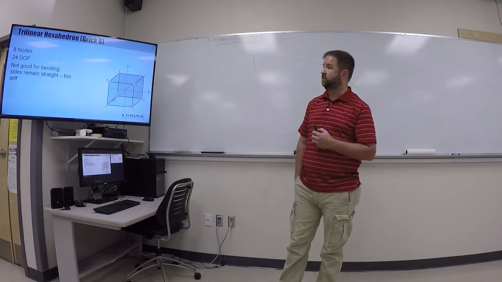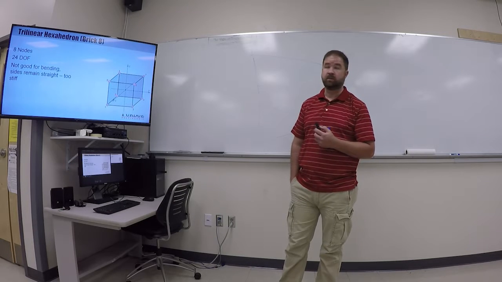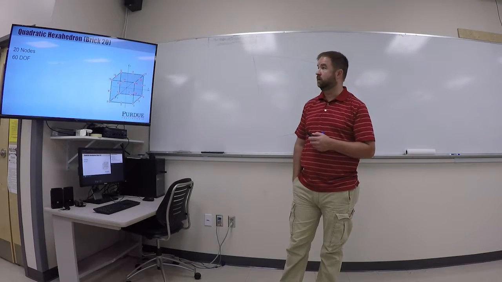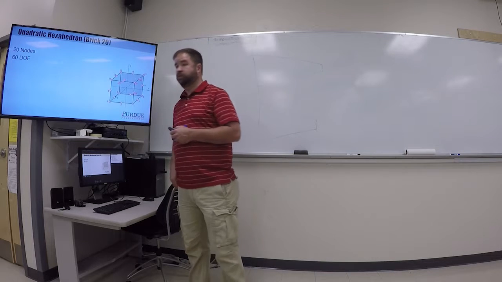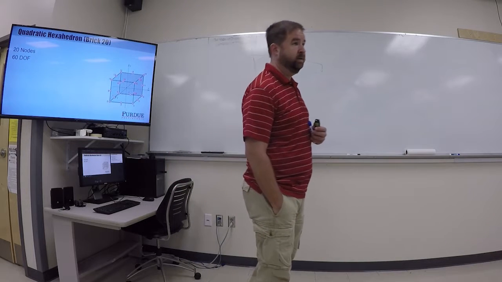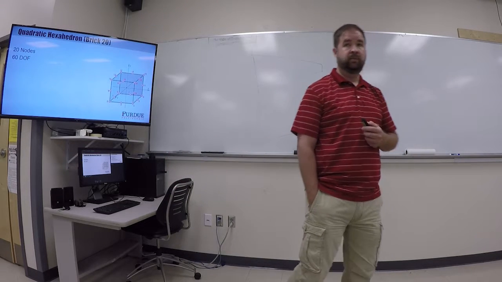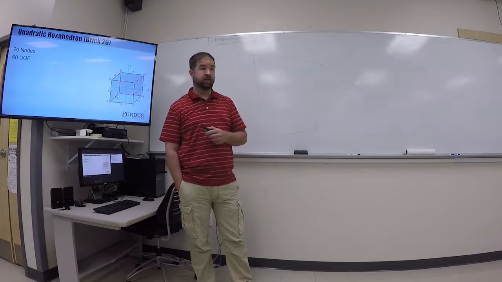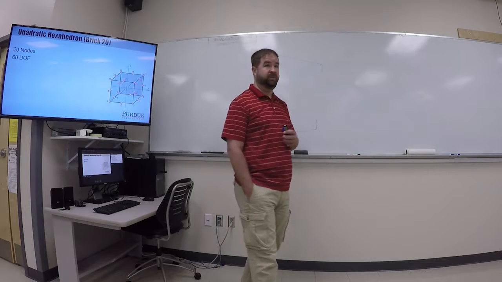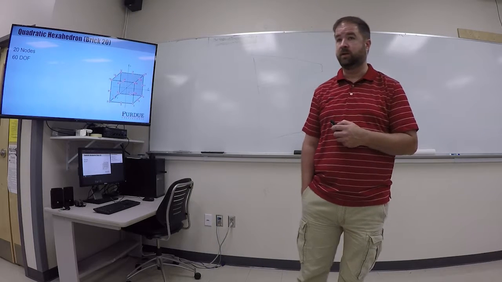It's going to be a little bit too stiff because the sides remain straight, so a better result gives you a brick 20, which has the mid-side nodes. Count all those up, I end up with 20 nodes, so 60 degrees of freedom, and I'm going to get a little better results. But like I said, SolidWorks does not have these element types. You'll only run into these if you use more advanced modeling packages like ANSYS.